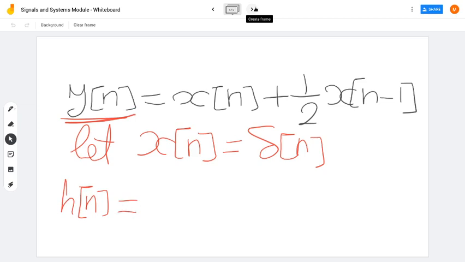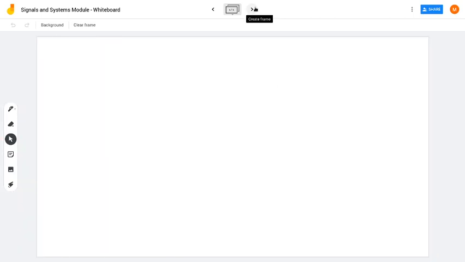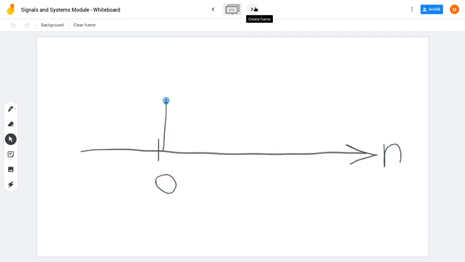So in this case, replacing x of n with an impulse, we will get delta of n. And this term, x of n minus 1, will be delta of n minus 1. So plus 1/2 delta of n minus 1. And if we try to plot this, we have an impulse at 0 with the weight of 1, another impulse at 1 with the weight of half.